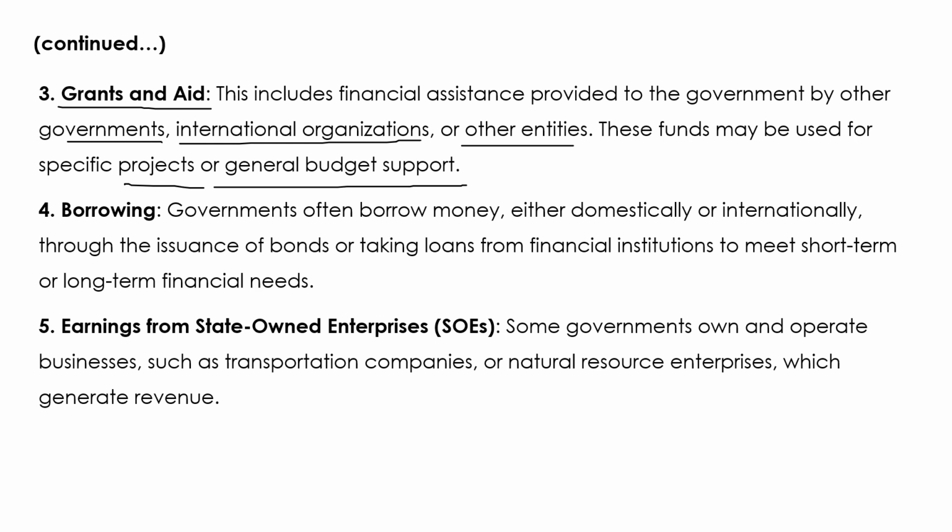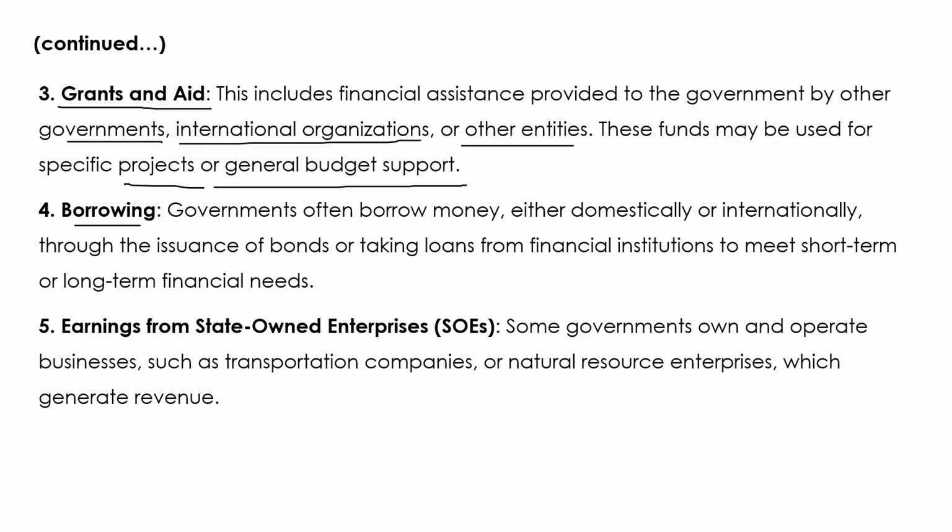It's very important in case the government takes some assistance from international organizations like the International Monetary Fund, World Bank, or Asian Development Bank, or other countries and governments. This will come under grants and aid.